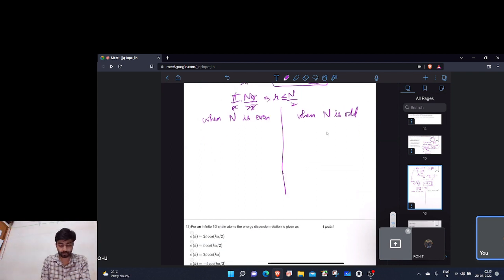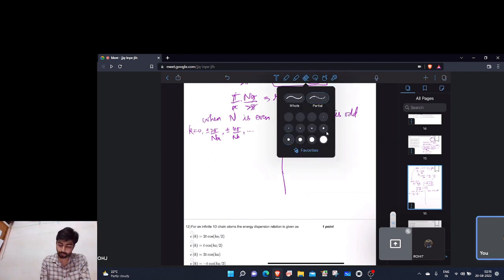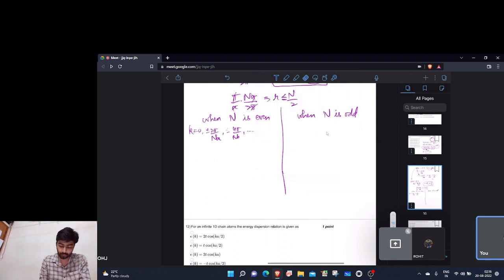Now when N is even, the k values we had are 0, plus minus 2 pi by Na, plus minus 4 pi by Na, and so on and so forth. Let me rewrite the term 4 pi by Na as 2 multiplied by 2 pi by Na, plus or minus 3 multiplied by 2 pi by Na, and so on.